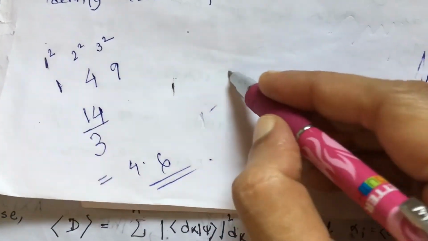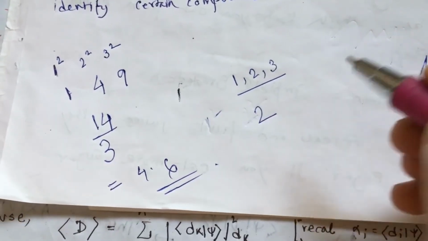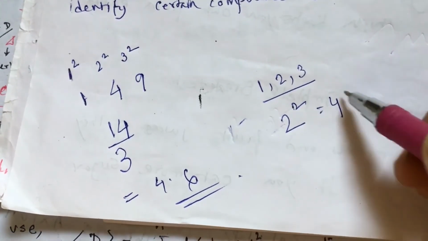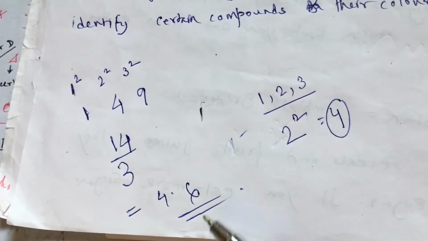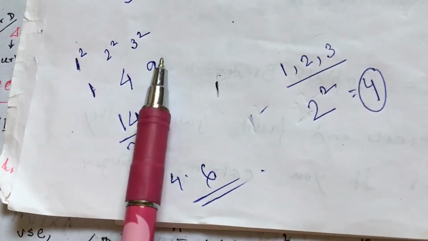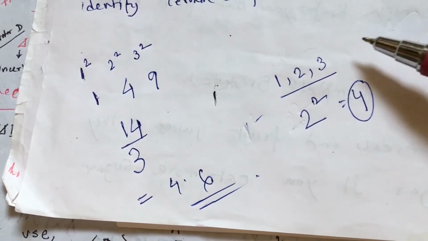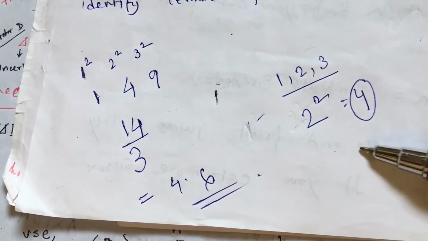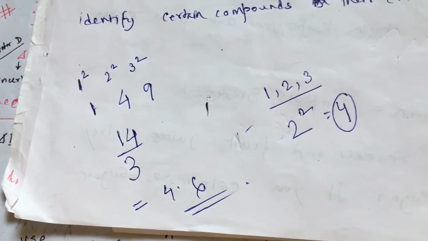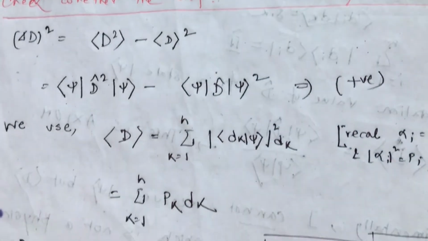Now if I take the expectation value of these three numbers, which is 2, and then square it, 2 squared, which means 4. So definitely 4.6 is greater than 4. So if I take the expectation value of the square of the numbers, and then also evaluate the expectation value of these three numbers and square it, then definitely the first is greater than the second, which gives me this right hand side also positive.